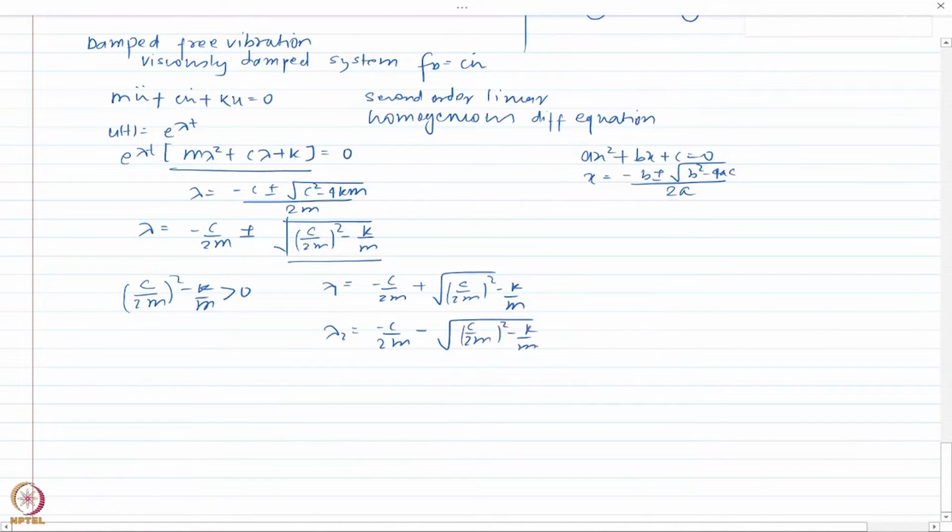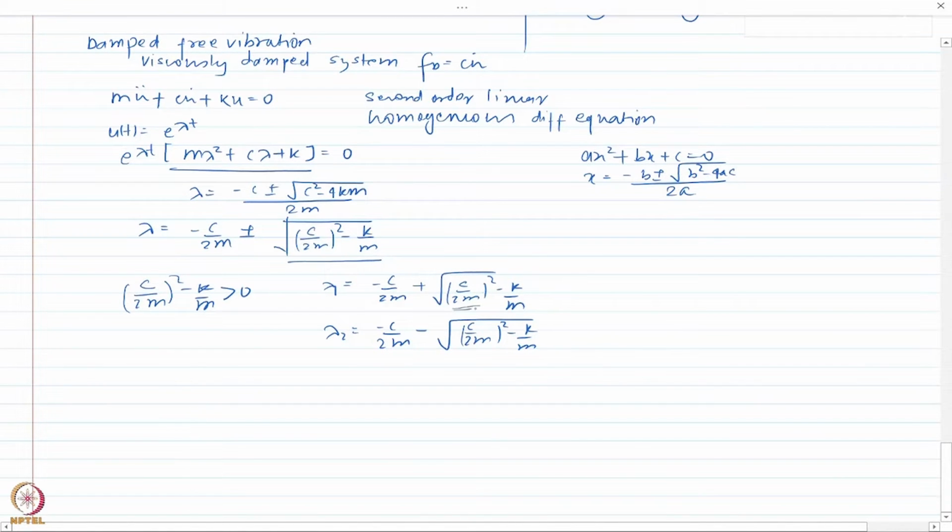Now, if you look carefully, both lambda 1 and lambda 2 would be negative values, because if you look at it here, I have minus c by 2m, and the term under the square root is less than c by 2m.